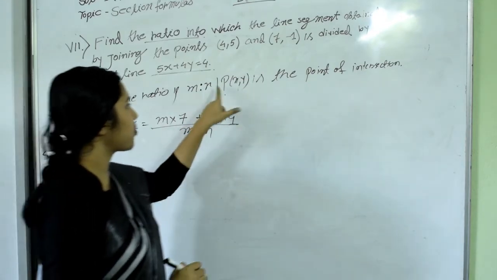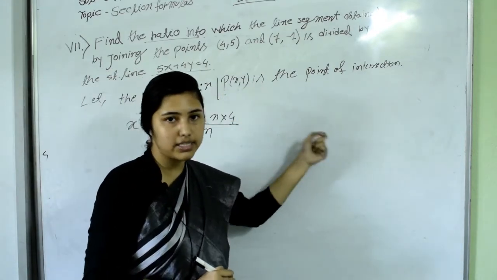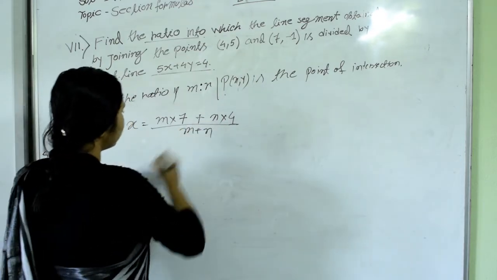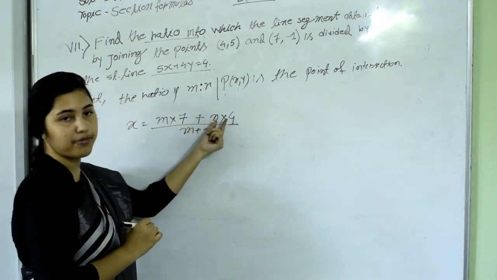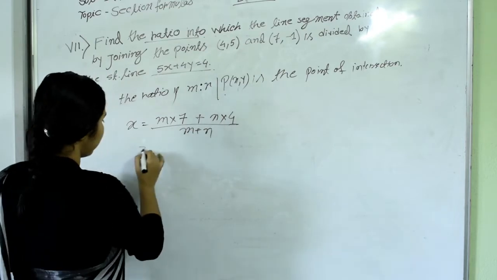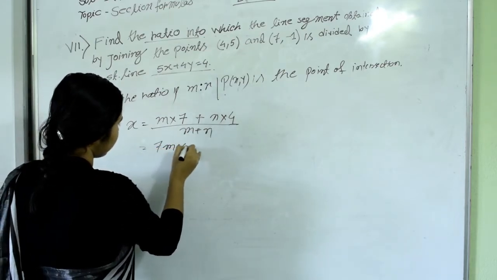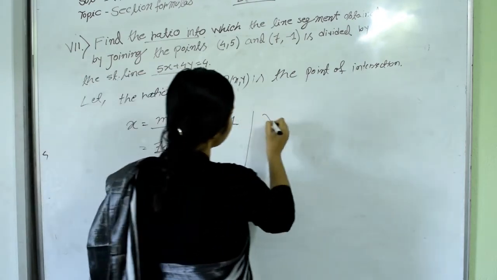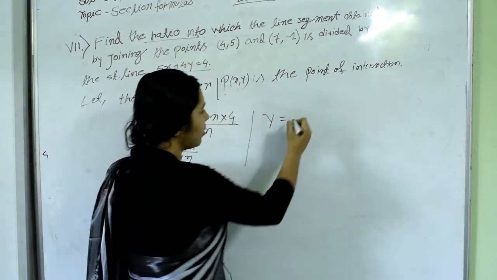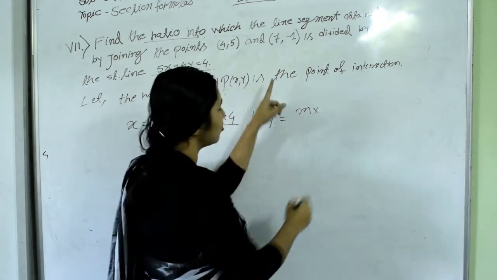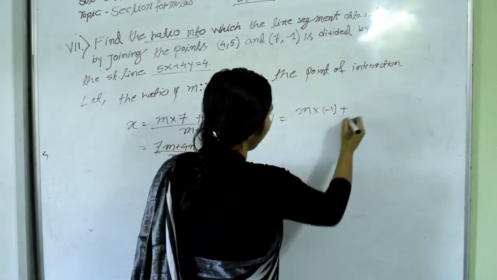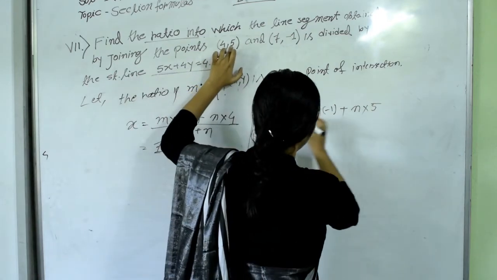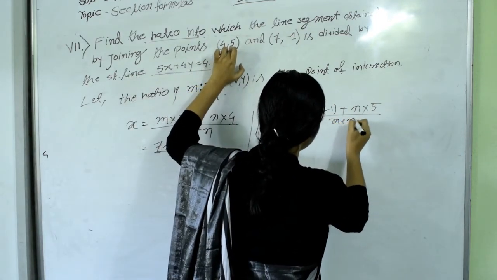Suppose this point P divides this line segment internally. That's why we are applying here (7m + 4n) by (m + n). And also y equals m into y2, which is -1, plus n into y1, which is 5, by m + n.